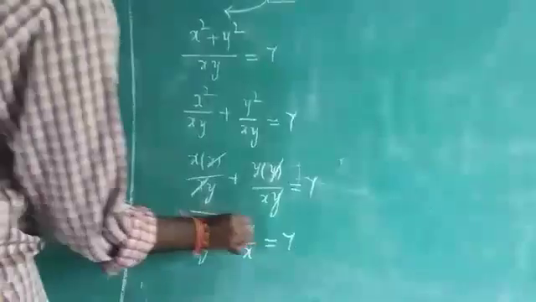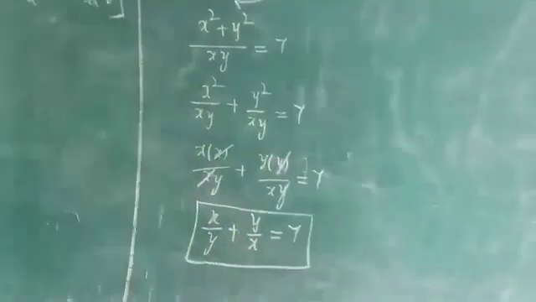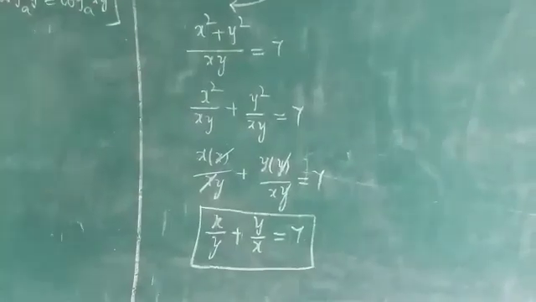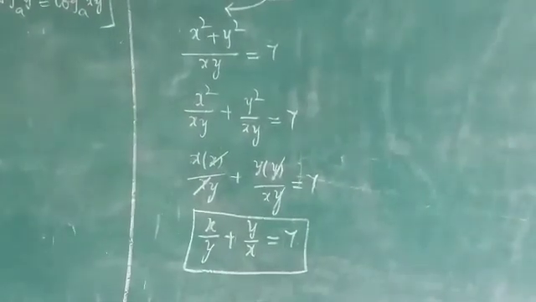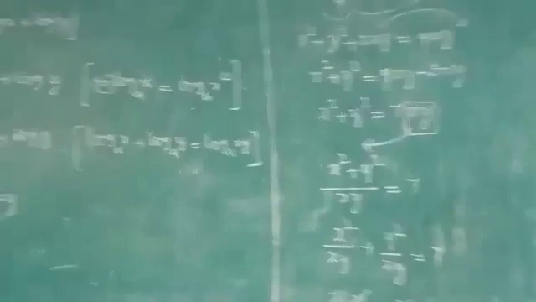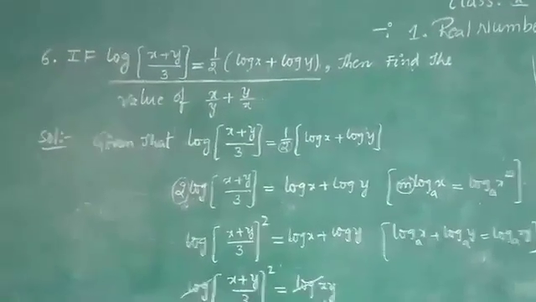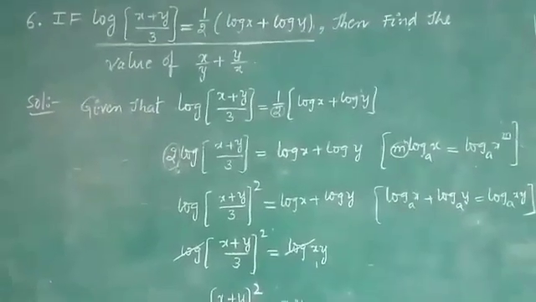So what is the answer here? 7. We got the answer: x by y plus y by x is equal to 7. So I am showing you clearly, concentrate on it. This is a very important problem. One by one.